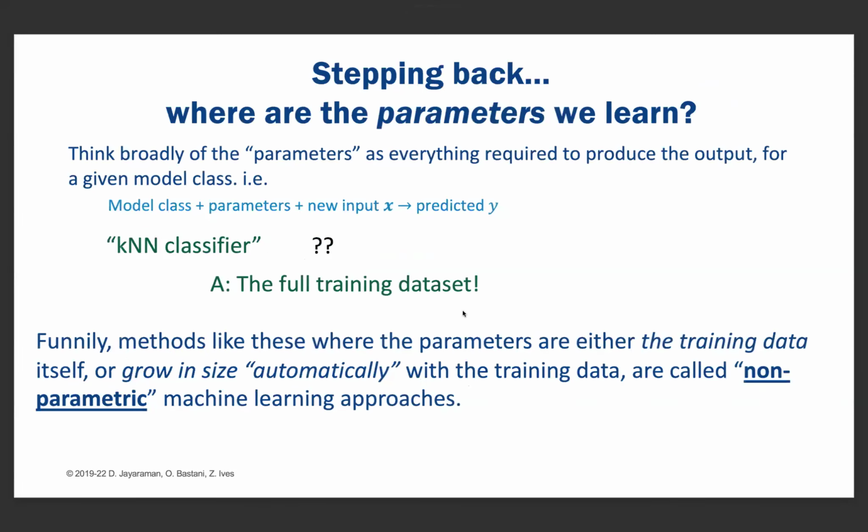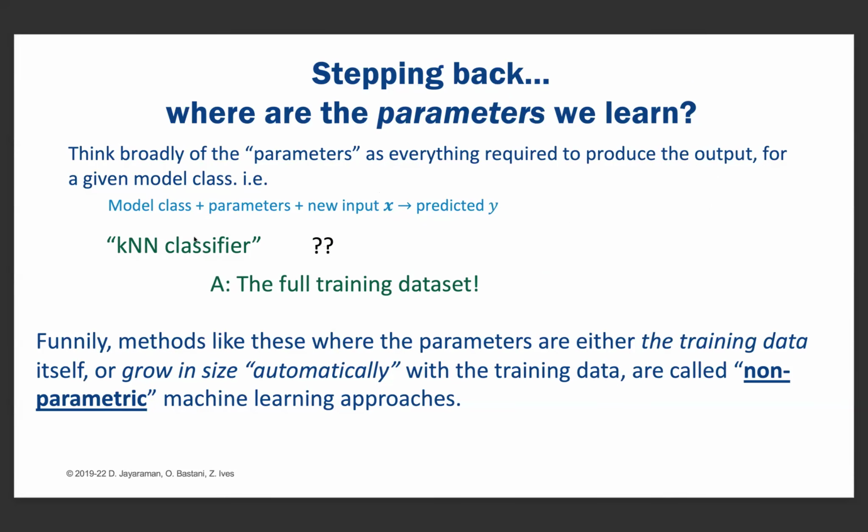Okay, but what parameters are we learning? If we think broadly, parameters are everything required to produce an output for a given model. So model class plus parameters plus new input gives us a predicted value.